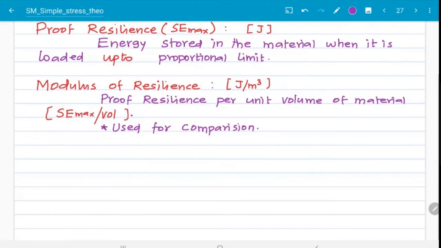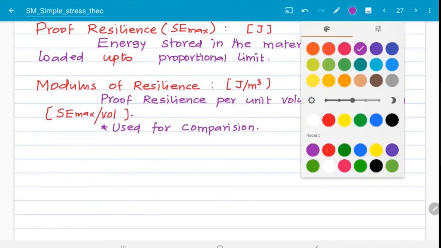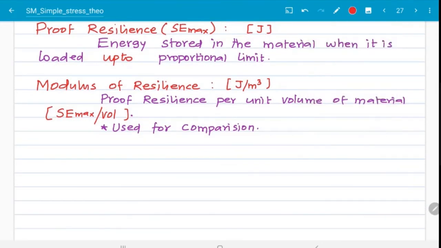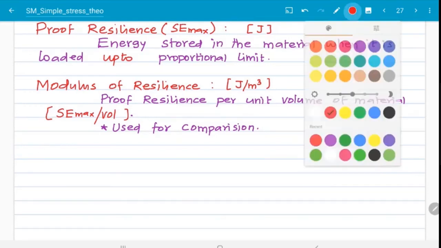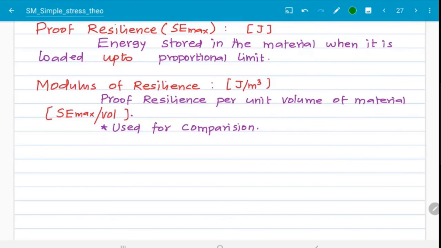We are going to calculate the area under the stress strain curve up to proportional limit.